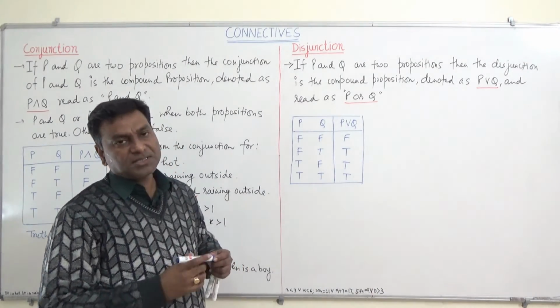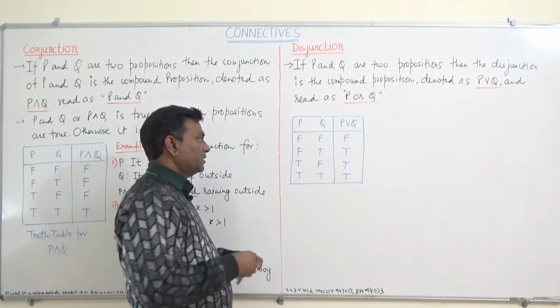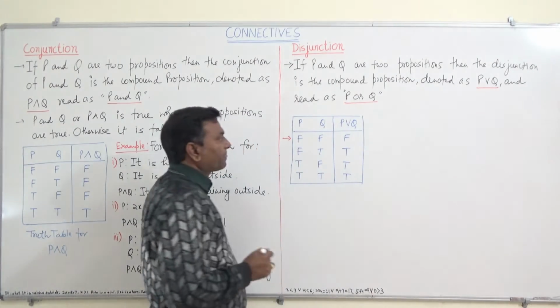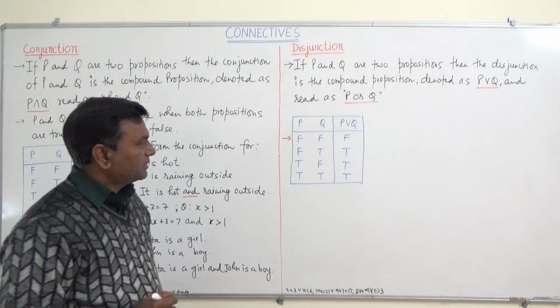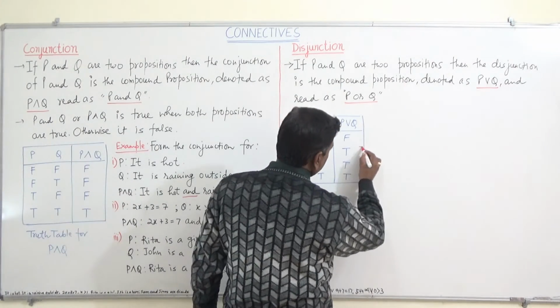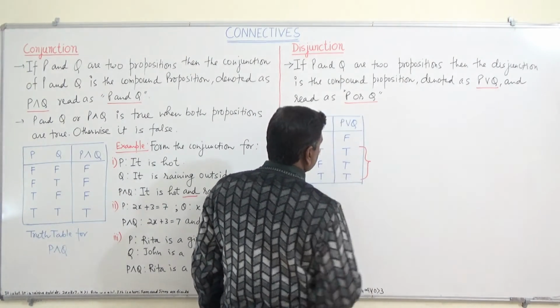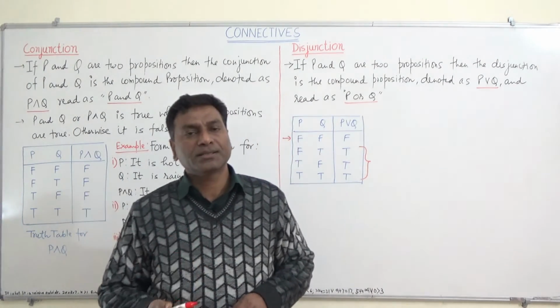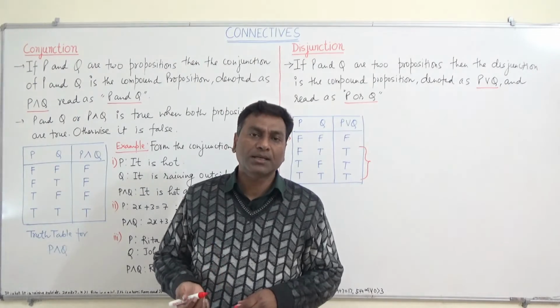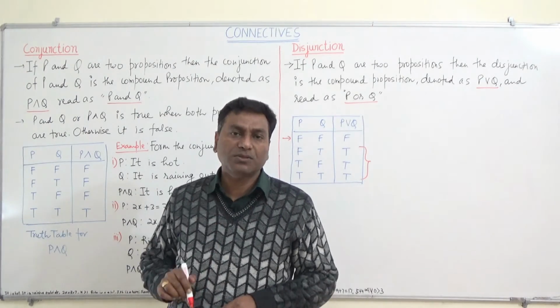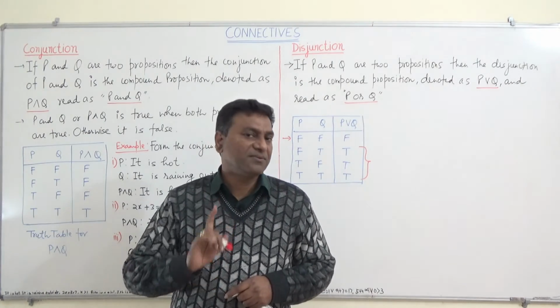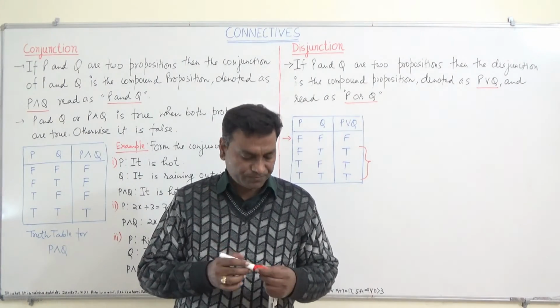So this is false in only one condition, when both propositions are false, otherwise it is true in these three conditions. We can also take three propositions like P, Q and R. Then when P, Q and R all three are false, it will be false, otherwise it will be true.